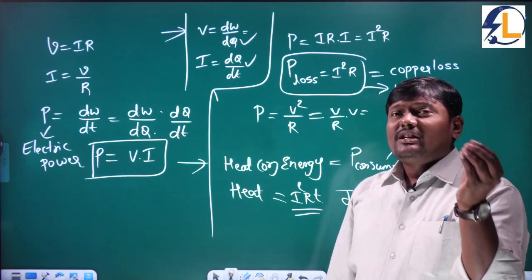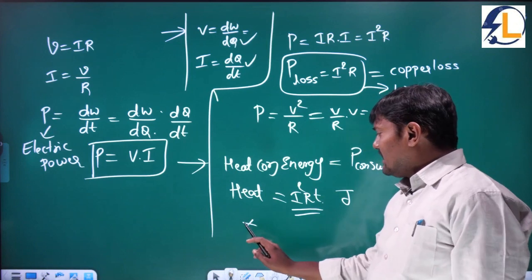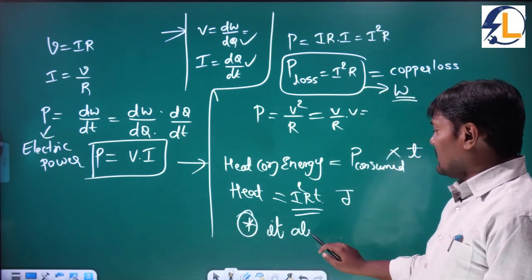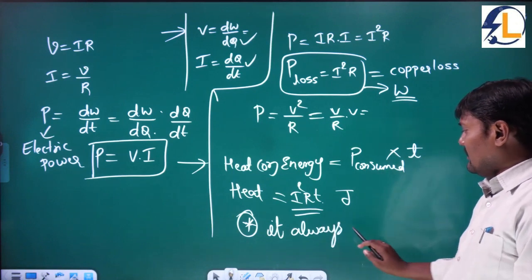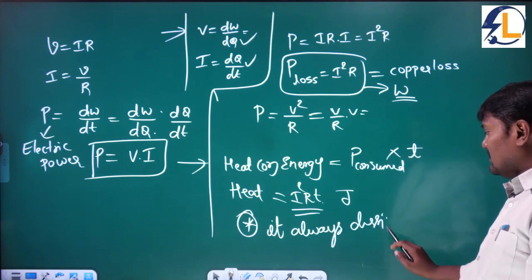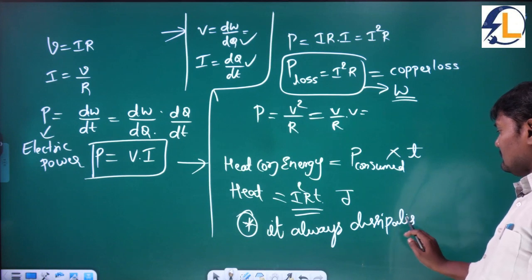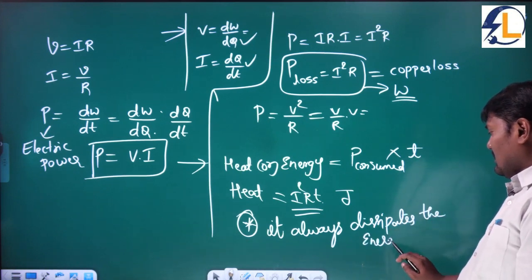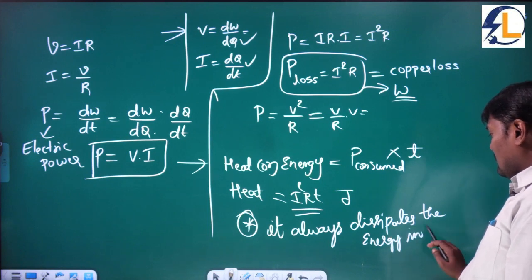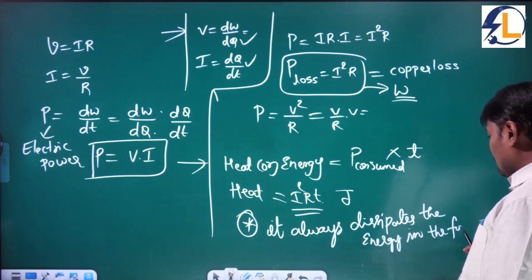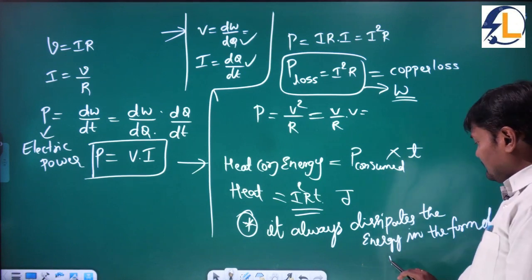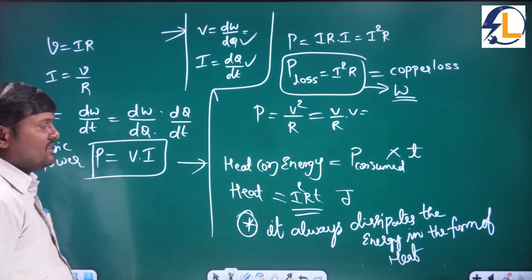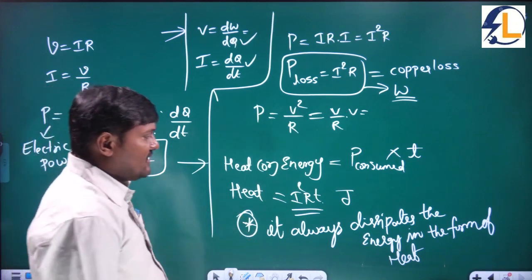One more important property of a resistor: it always dissipates the energy in the form of heat. This is the second property of a resistor.